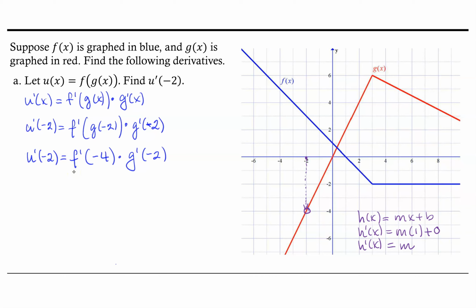So I'm going to come to -4 on the x-axis and go up and find my function f. And here's f. What we want to do is find the slope of the line at that point. Now it's linear and it's not changing slope there like it is perhaps over at x equals 3 where we have this corner.